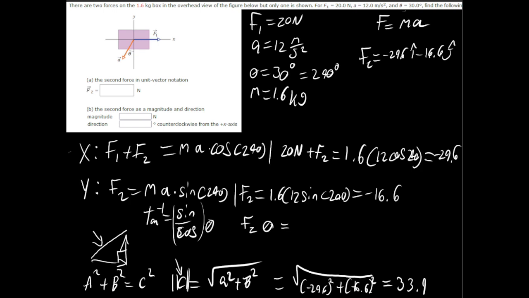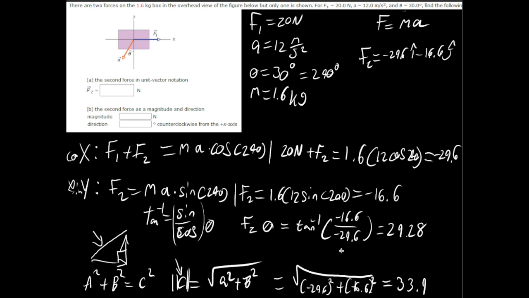So if we know that x is cosine and y is sine, then to find this, it would be tan inverse of sine, which is negative 16.6, over cosine, which is negative 29.6. And this is going to equal 29.28.